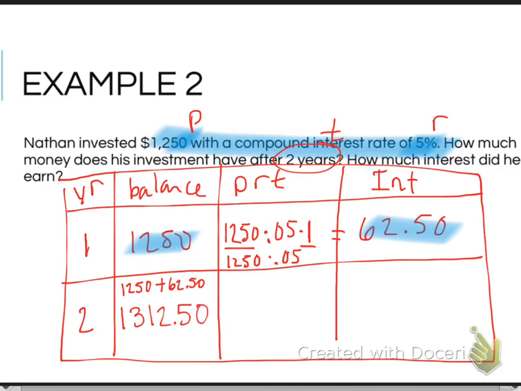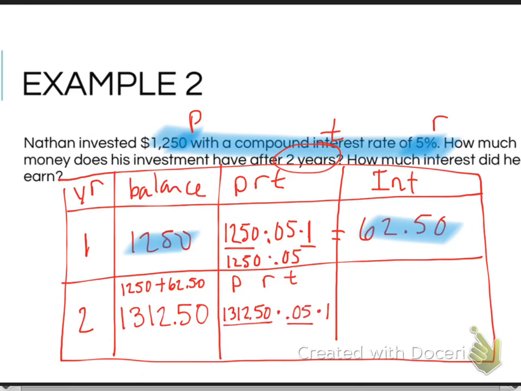So now he has more money, and so what's he going to do? He's going to earn more interest. So we have to figure out what interest. Now our principal is $1,312.50. Our rate doesn't change, and our time is still 1 year.